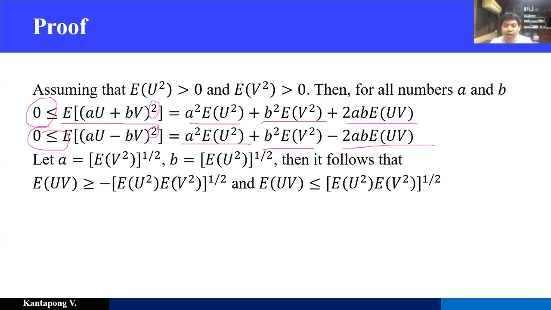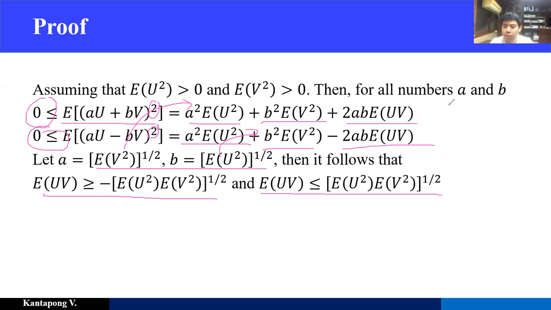And let A be the square root of EV and the square root of EU. Imagine also, separate this one. So E[UV] is greater than or equal to minus this one, or in other words, we can get this one also.